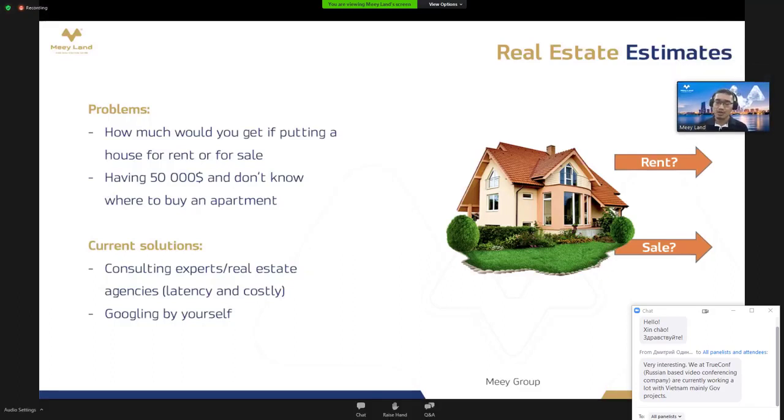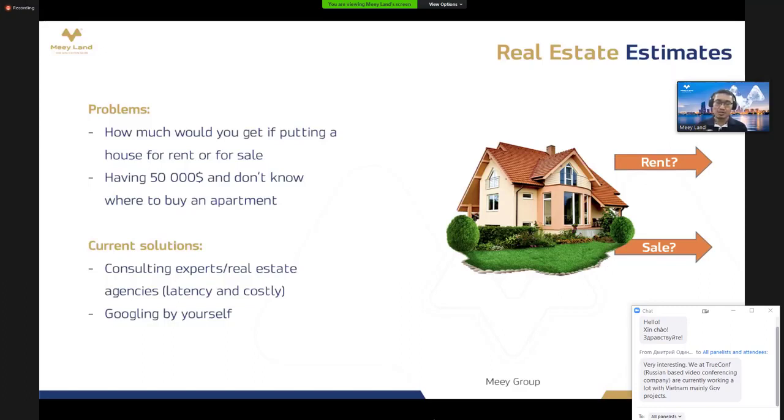Another application could be, for example, if you have some money that you don't want to put into the bank, and you wonder, if I have 50,000, which kind of apartment can I buy? In general, the price of real estate goes up in the long term, so one way to save money is to buy an appropriate apartment.